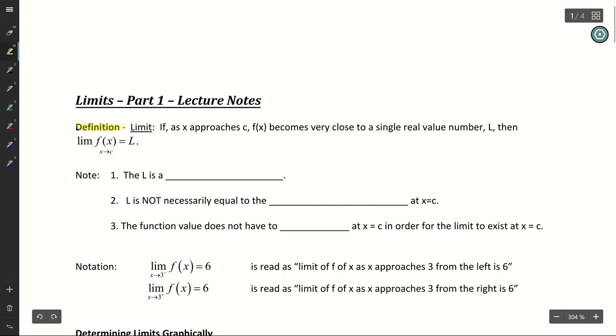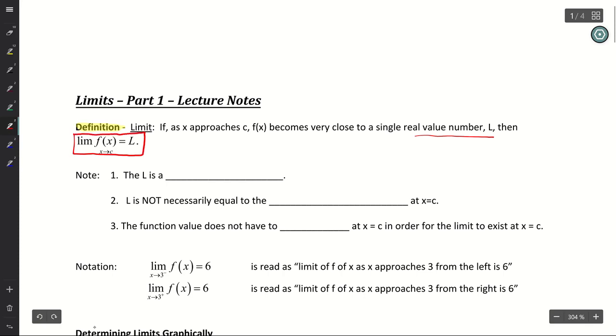It says a limit is: if as x approaches a value c, our function f of x becomes very close to a single real number value L, then the limit of f of x as x approaches c is equal to L. One of the first things we're going to do is make sure that we're okay here on the notation.